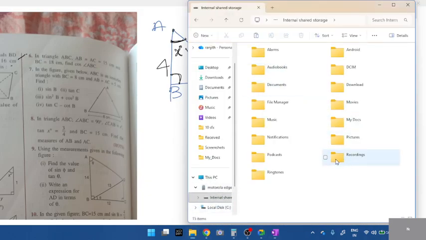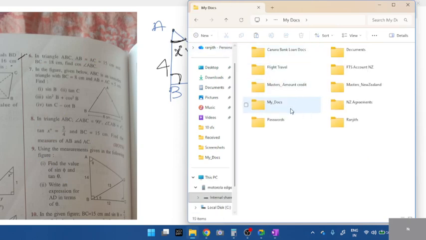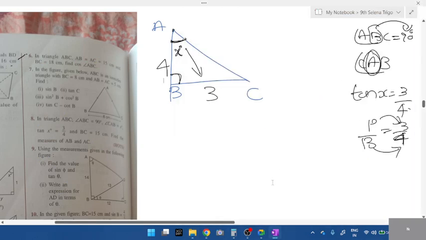Completed. Find AC, students. What's the value of AC? 5.